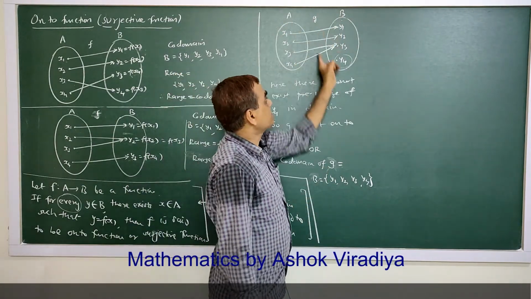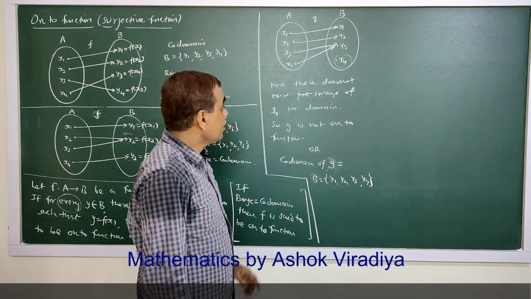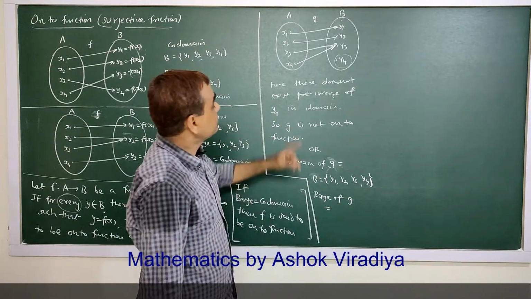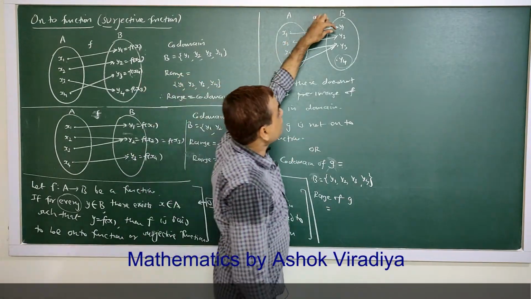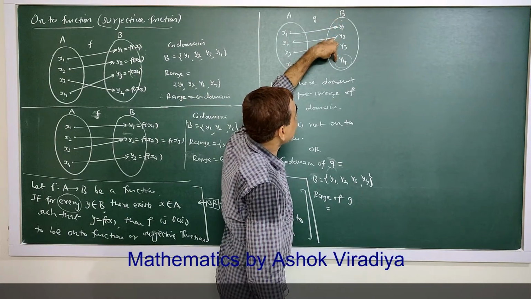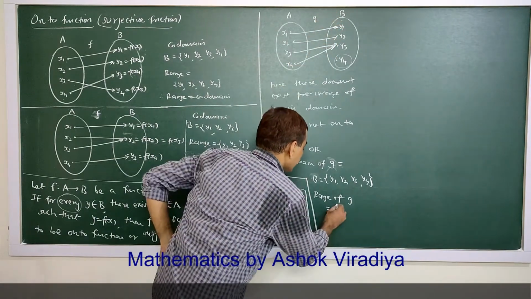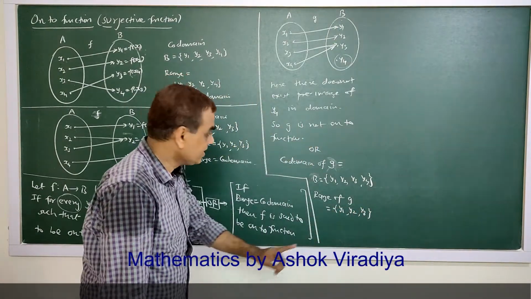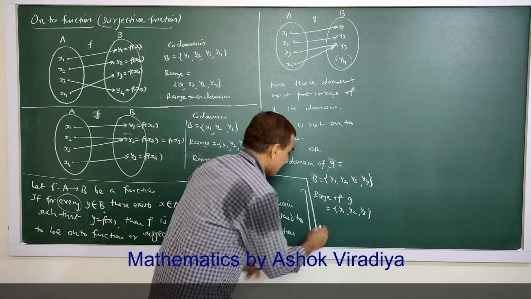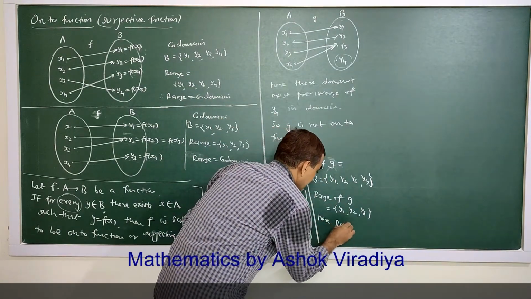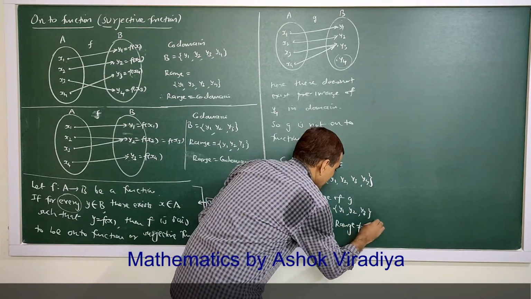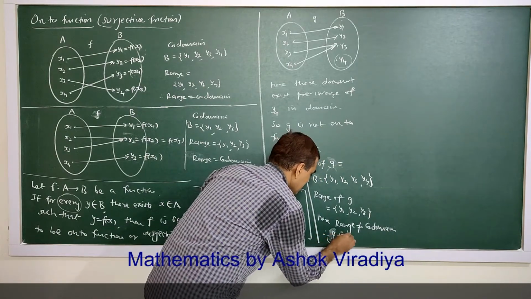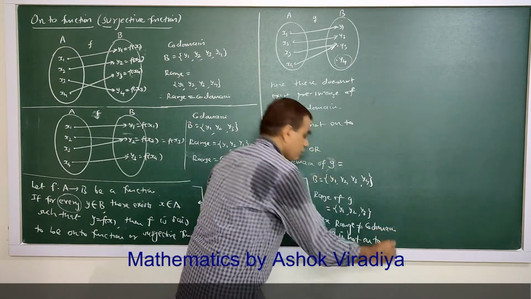This is domain, this is codomain. So codomain is y1, y2, y3, y4. What is range? Range of this function means the set of outputs only, the set of images. This is not an image. These are images: y1, y2, y3. And you can see that range is not equal to codomain. So this function g is not an onto function.